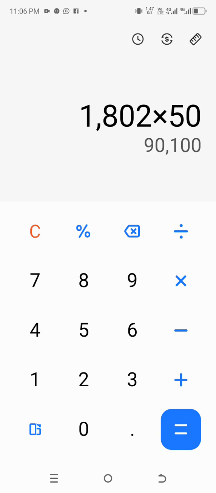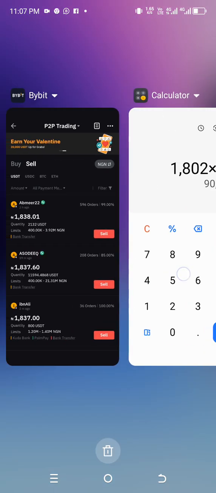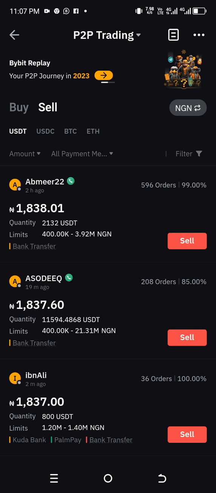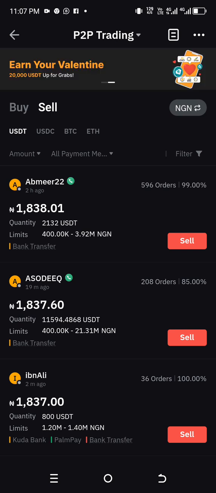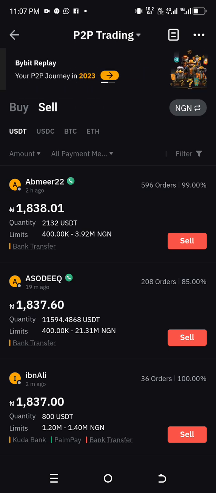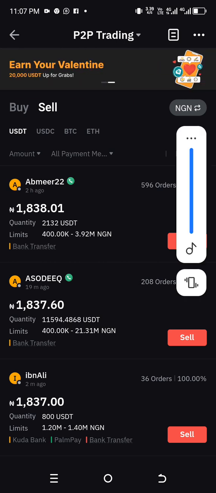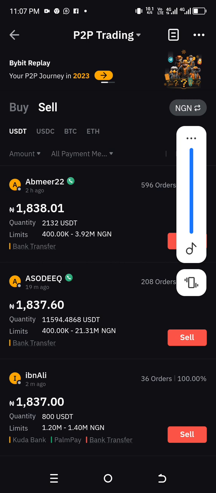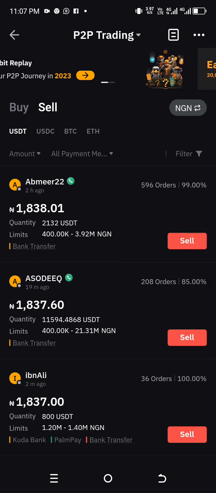So you buy this at 90,100, and you are here on Bybit to sell that same USDT at 1838. This is a very high profit, right?